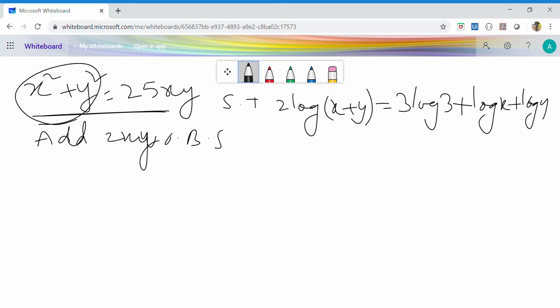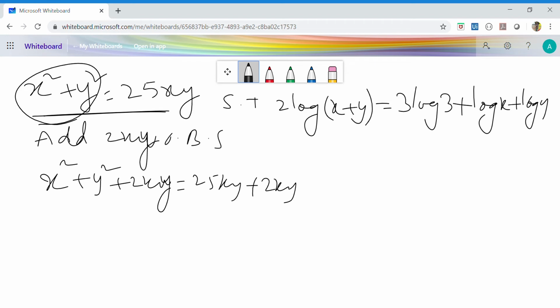So what will you get here? x square plus y square plus 2xy is equal to 25xy plus 2xy. The LHS is a square plus b square plus 2ab, which becomes (a plus b) whole square. So (x plus y) whole square is equal to the RHS, which becomes 27xy.